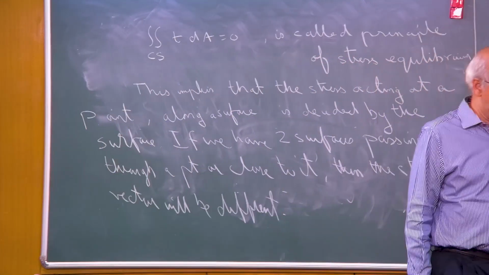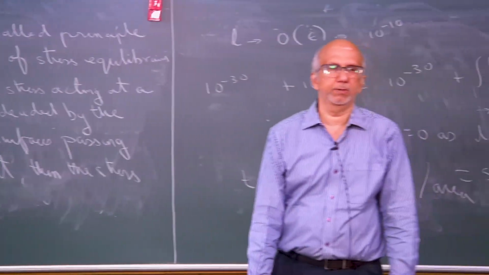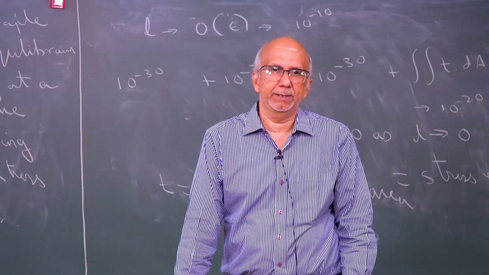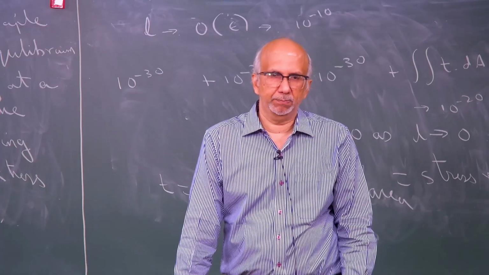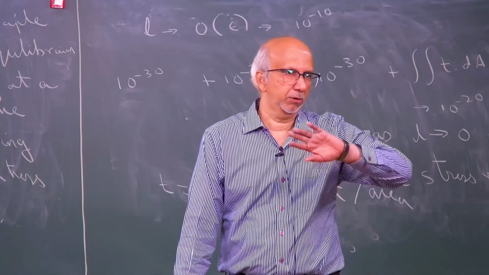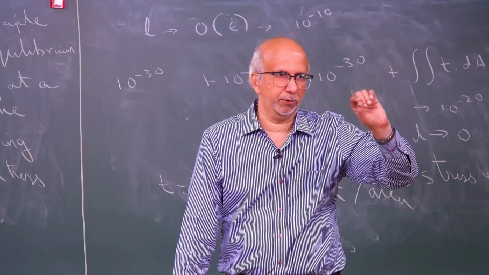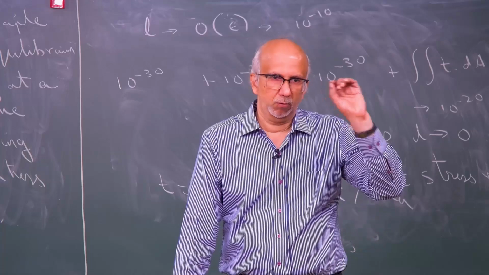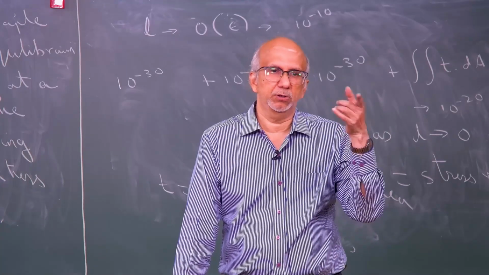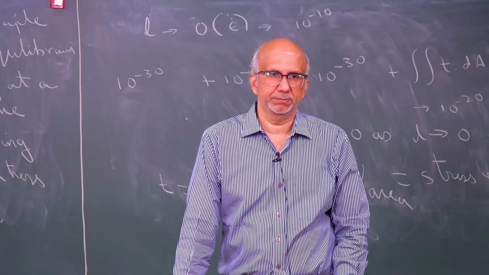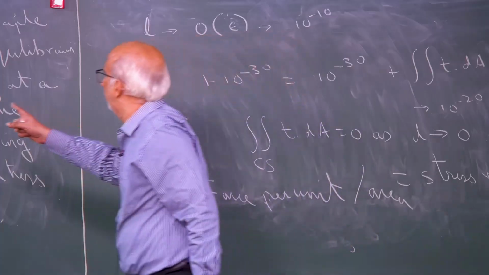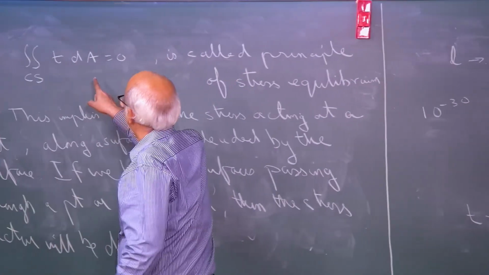So I am trying to tell you that if you take a particular point and there is a control surface, you take a point on the surface, what is the stress there? It depends upon the orientation of the surface. If it is independent of the orientation of the surface, then you won't be able to satisfy this thing.